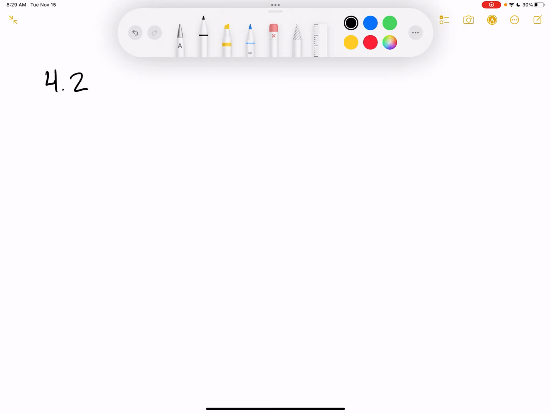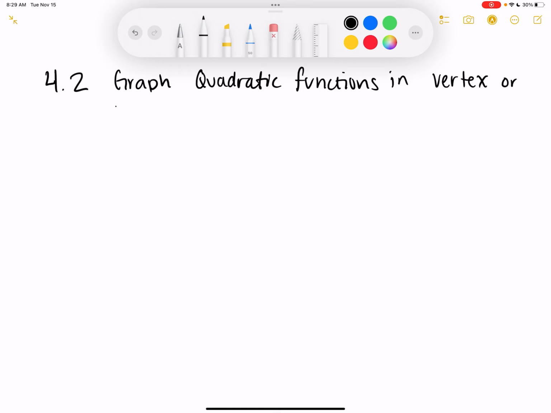to graph quadratic functions in Vertex or Intercept form.